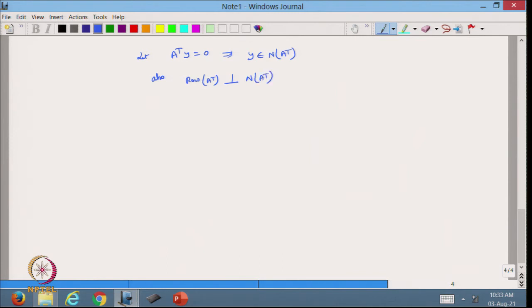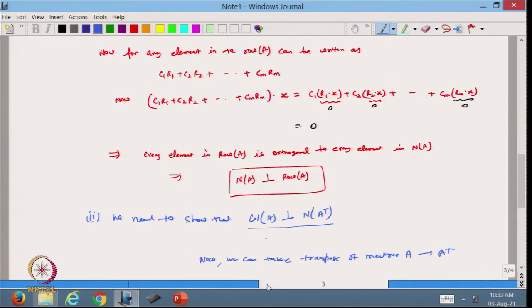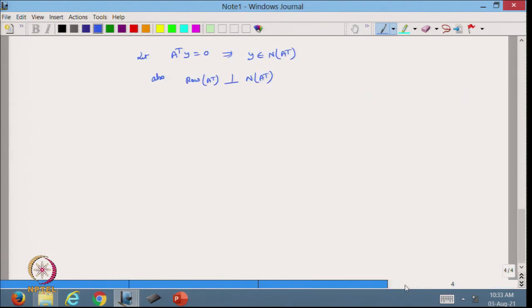Just now we have showed in the previous one that the row space of A is perpendicular to the null space of A. So, the null space of A transpose is perpendicular to the row space of A transpose, and also we know that the row space of A transpose is the same as the column space of A, because I am just taking the rows as the columns in the transpose.